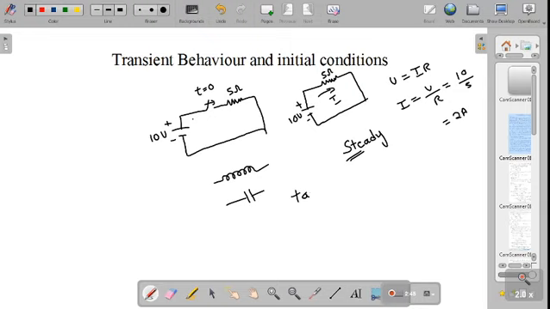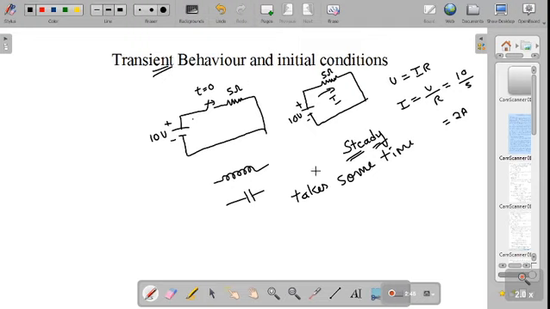It takes some time to get the steady current. That is, it takes some amount of time before it reaches the steady current. So that behavior is called transient behavior.